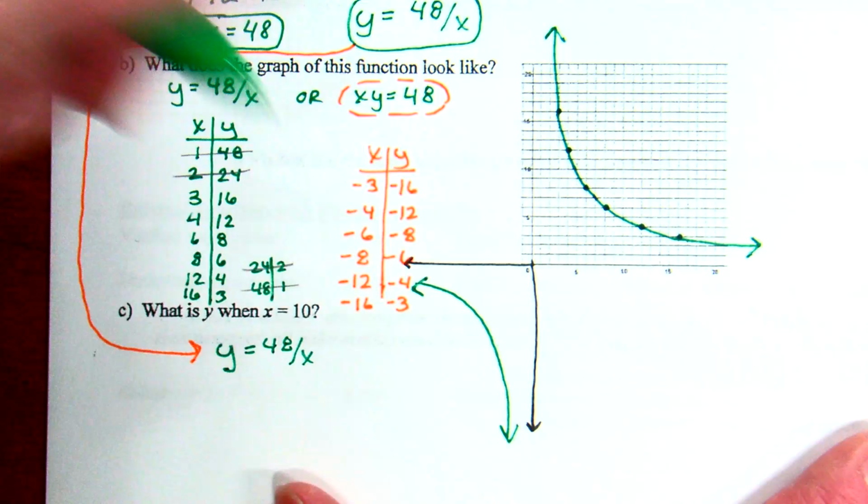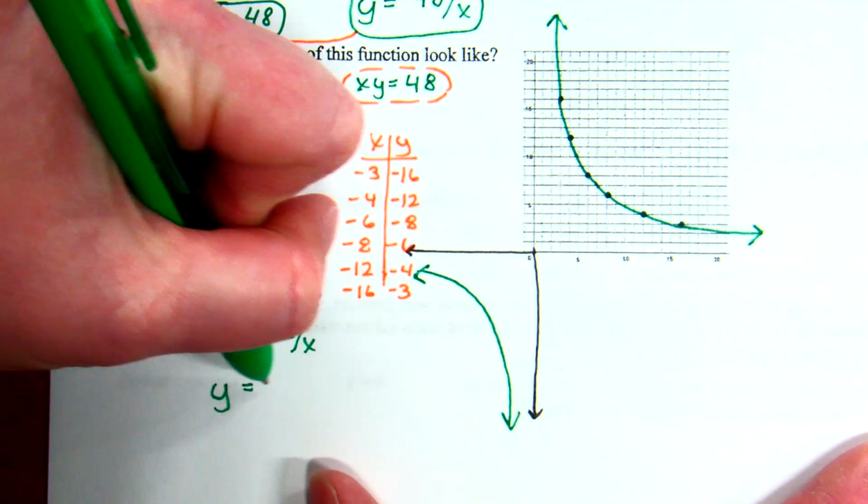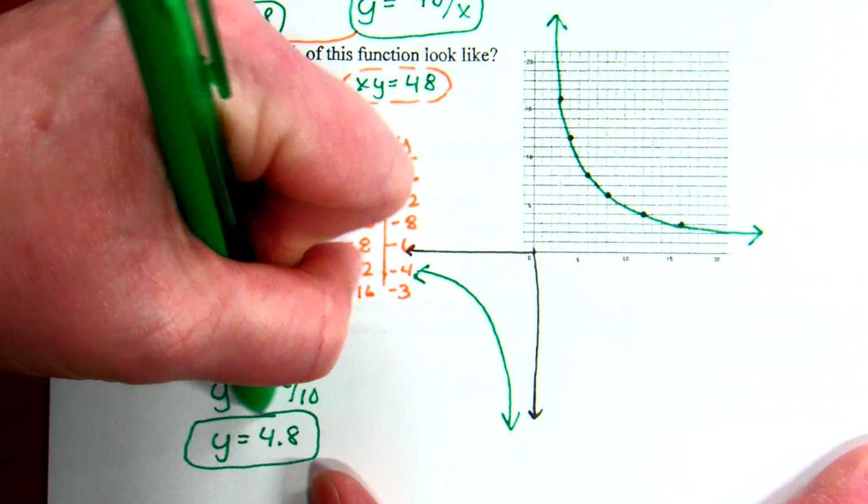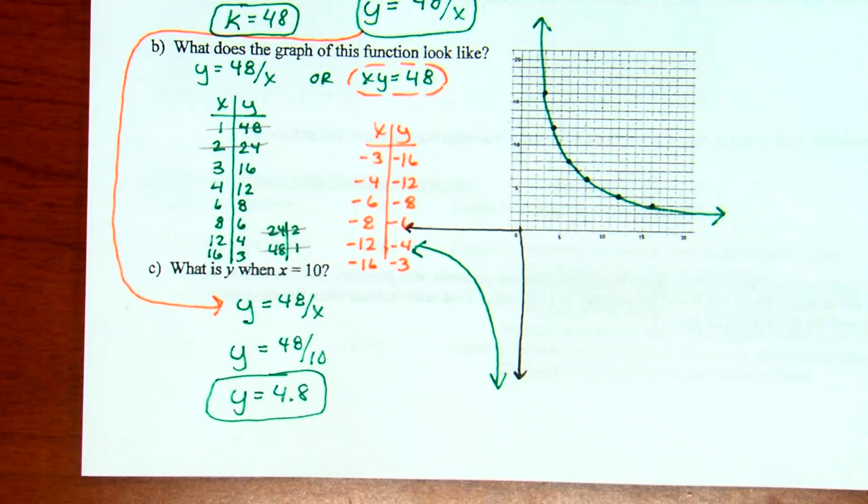Can we just use that? Most definitely. So if y equals 48 over x was my equation, this says what is y when x equals 10? So 48 divided by 10, which is 4.8.